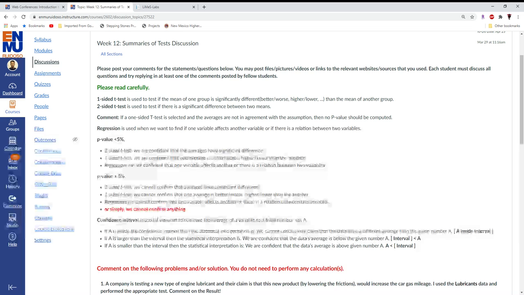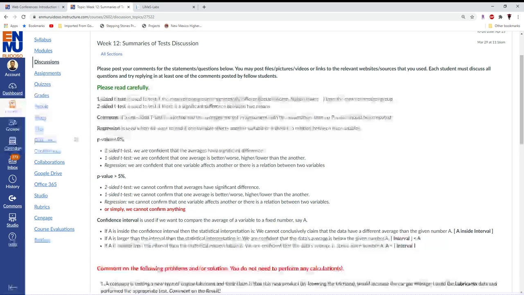Now, whenever you have to find out whether the mean of one group is significantly different, that means either it is better or worse than the other, higher or lower than the other, then we go for a one-sided t-test.